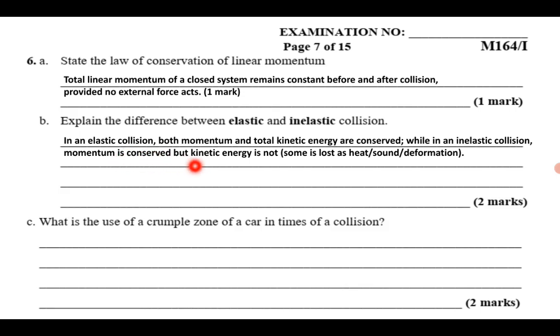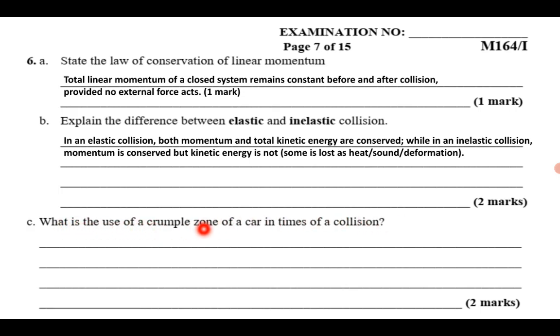although momentum is conserved. What is the use of the crumple zone of a car in times of collision? The crumple zone is just the front part of the car, just the front of the car, around the bonnet where the engine is housed. That's called the crumple zone. It's a bit far away from the driver.